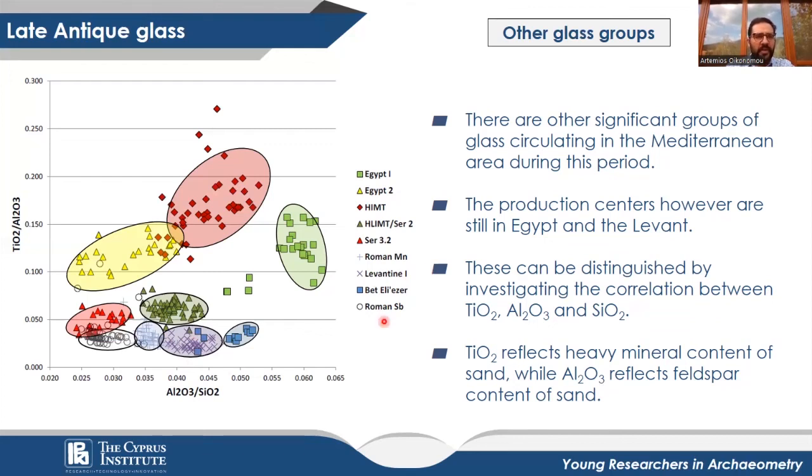Egypt 1 and 2, here and here, were manufactured in Egypt. Series 2.1 or Foy 2.1 and Series 3.2 or Foy 3.2 were also manufactured in Egypt. And of course, the other basic category of glass, the so-called HIMT glass, was also manufactured in Egypt. HIMT stands for high iron, manganese, and titanium.